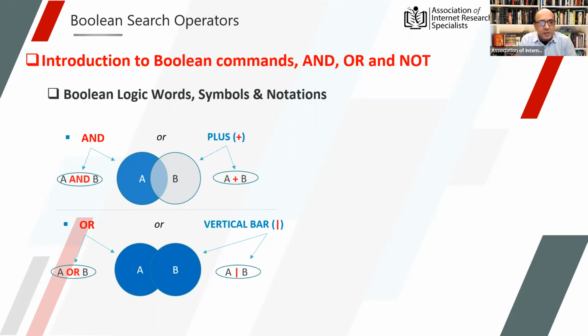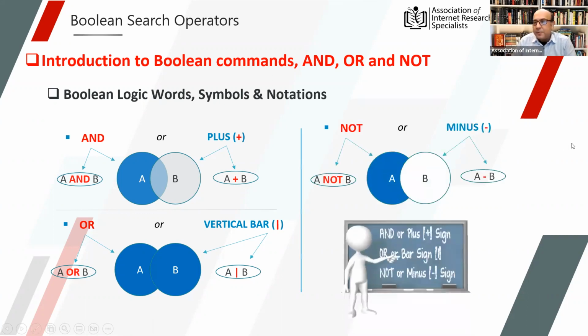So that's the concept, but you will see how the search engine interprets it slightly differently. From the basics of what we need to understand on this slide, it could be a choice A or could be a choice B. That means both can be found, or at least one has to be found.